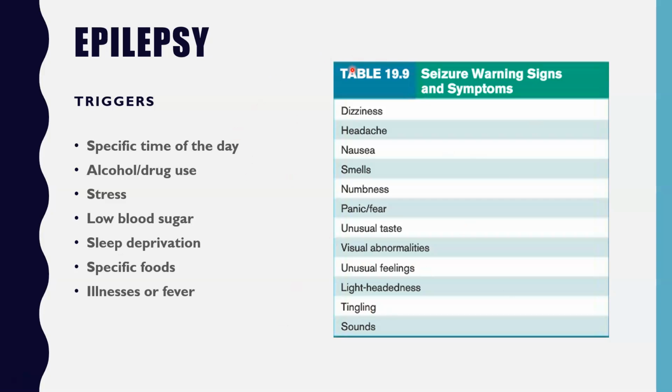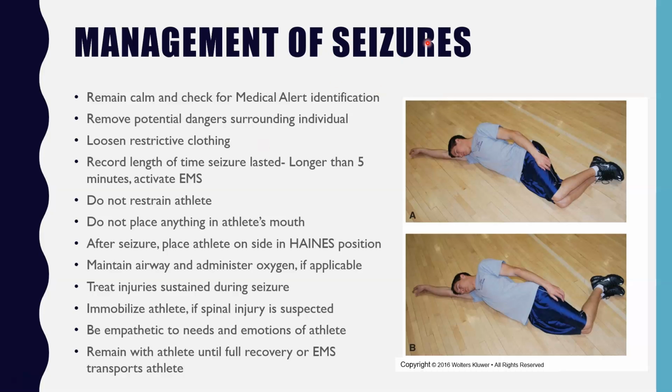In fact, they can train some dogs to identify when an individual might have a seizure and help them out. We look at management of seizures, which is primarily what we're looking at. First, identify them, and then management. Look for medical alert identification, because in most of these cases, athletes who suffer from seizures will already have notified you about their conditions, what medications they're taking, as well as their usual warning signs.